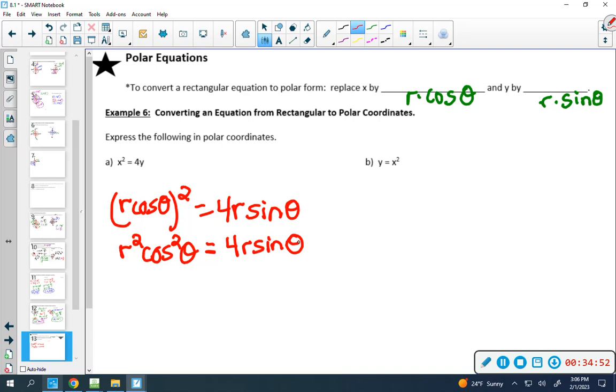So let's try to solve this for r. I wanna get r by itself, that is my goal. Well, if I divide this side by r, r squared over r will simplify down to just a single r, but I still need to get the cos squared off also.